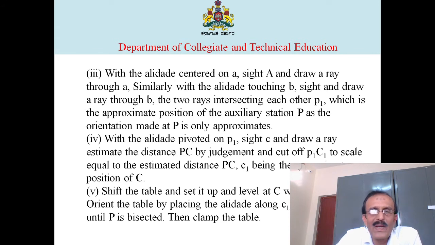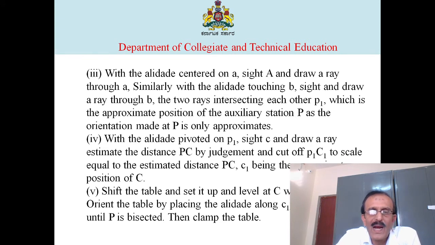With the alidade pivoted on p1, sight C and draw a ray. Estimate the distance PC by judgment or by physically measuring, and cut off p1c1 to a convenient scale equal to the estimated distance PC, c1 being the approximate position of c.